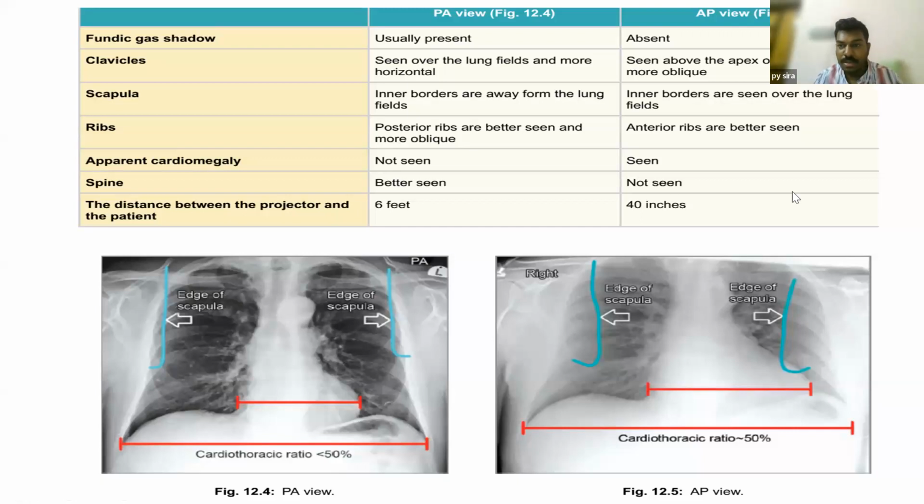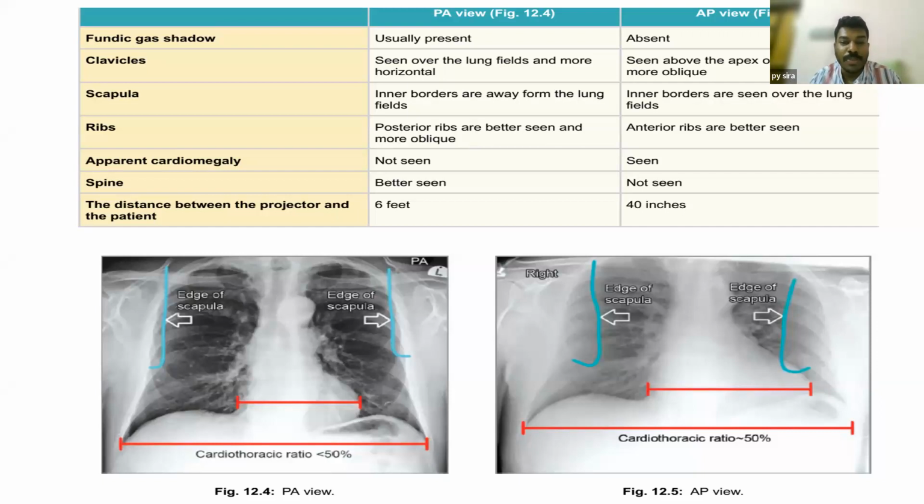Whereas in AP view, the clavicles are seen over the apex of the lung field, and it is going to be more oblique.